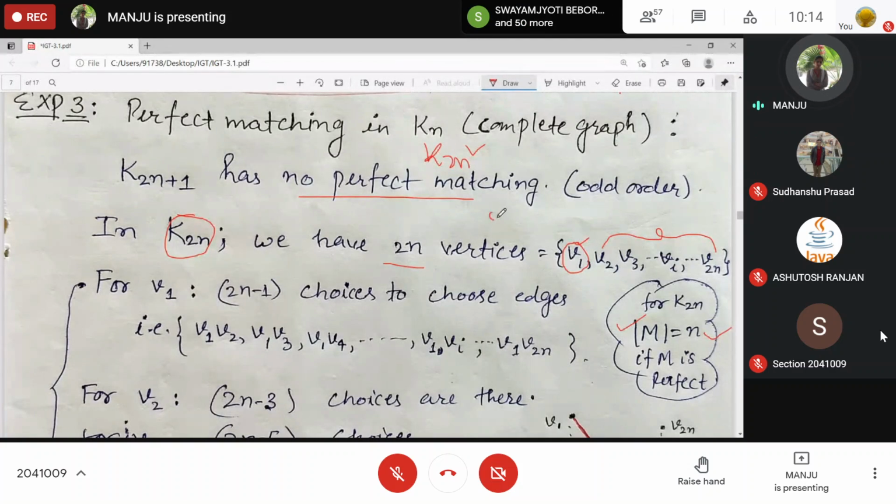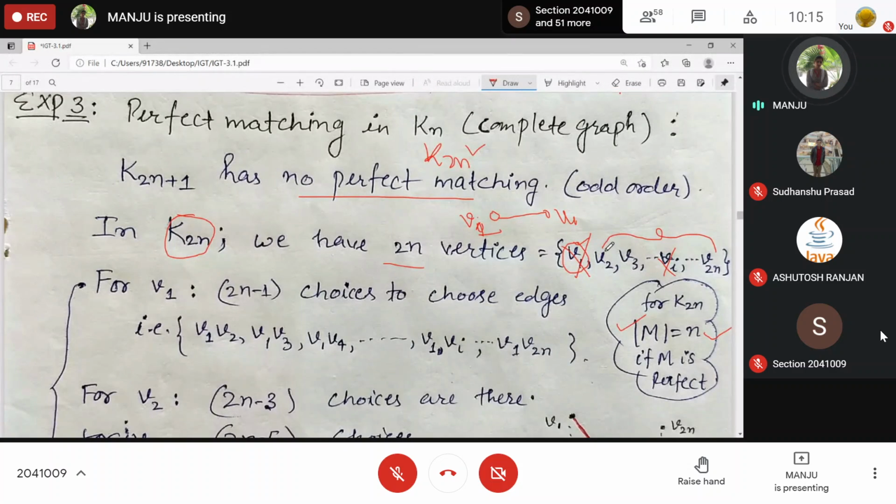Now suppose we have chosen V1 to Vi plus 1. So one vertex is gone and another vertex is gone. Two vertices are gone, right?